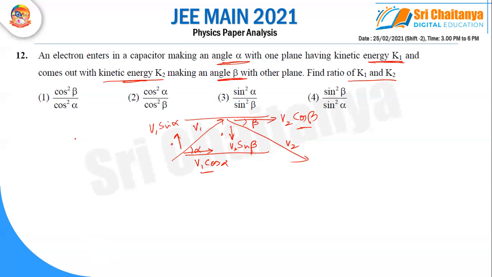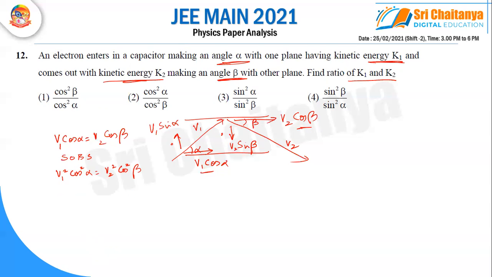For that reason, V1 cos alpha is equal to V2 cos beta. Squaring on both sides, V1 square cos square alpha is equal to V2 square cos square beta.